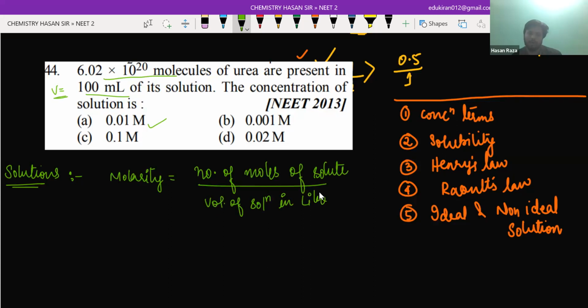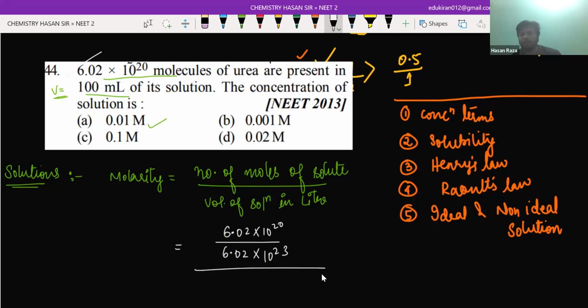Now you can see the number of moles of solute is given mass upon molar mass, or given volume upon molar volume, or given number of particles upon Avogadro number. Since the number of particles is given, I'm going to use the given number of particles upon Avogadro number, that is 6.022 or 6.02 into 10 raised to the power 23.